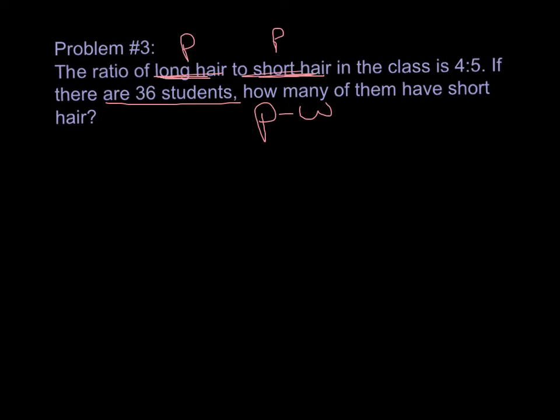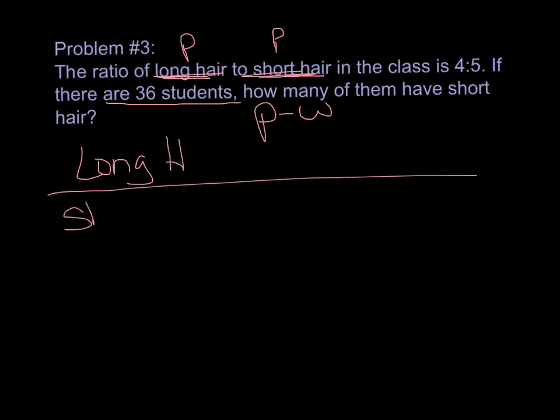So our ratio table must start with long to short, and we know that that's where the 4 to 5 comes from. The 4 represents the long hair students, the 5 represents the number of short hair students. So for every 4 long hair students in a class, you will see 5 short hair students.